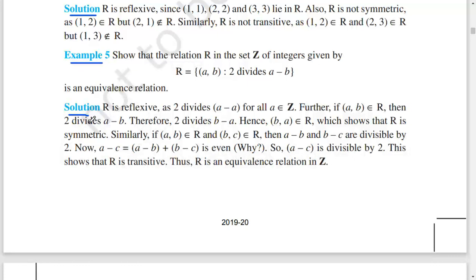Therefore, 2 divides b minus a, hence (b, a) belongs to R, which shows that R is symmetric. Similarly, if (a, b) belongs to R and (b, c) belongs to R, then a minus b and b minus c are divisible by 2. Now, a minus c equal to (a minus b) plus (b minus c) is even. Why? Comment this. So, a minus c is divisible by 2. This shows that R is transitive. Thus, R is an equivalence relation in Z.